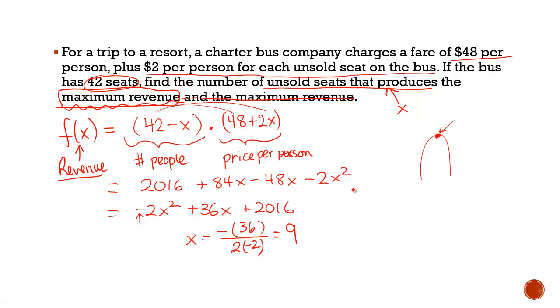So if we input 9, 9 is the maximum number of unsold seats that produces the maximum revenue. So if they asked us for the maximum unsold seats, that would be 9.